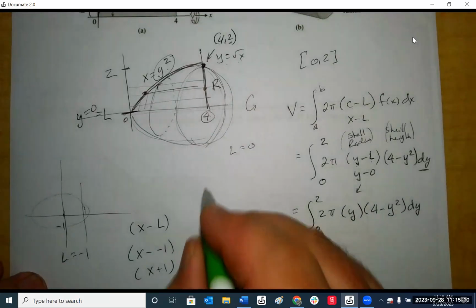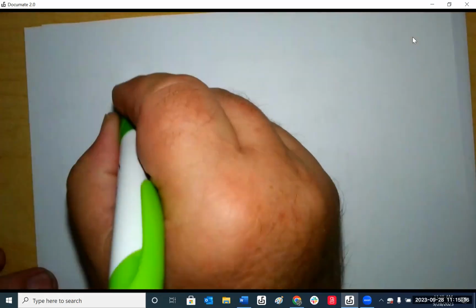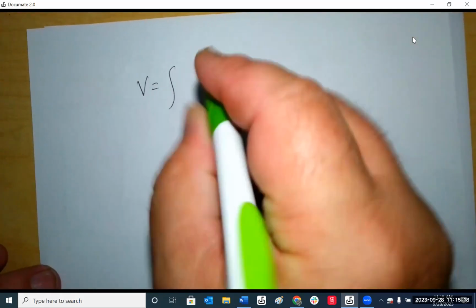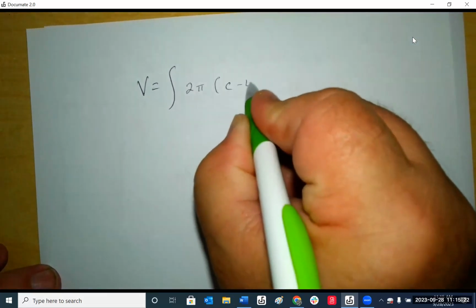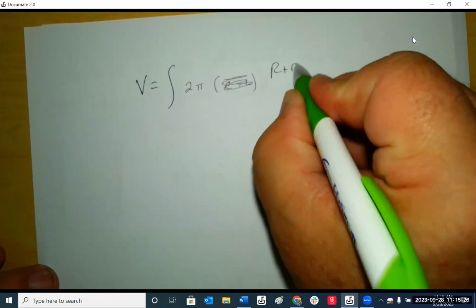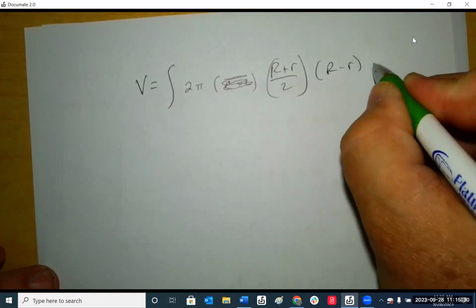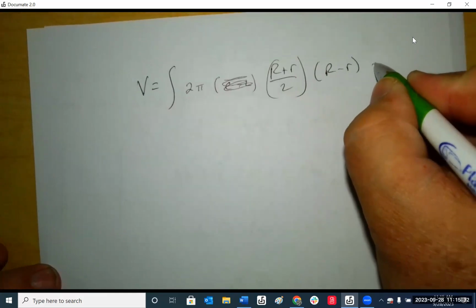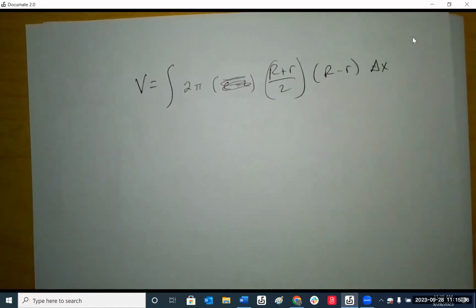In our original formula, we had r plus little r over 2, r minus r, delta x.